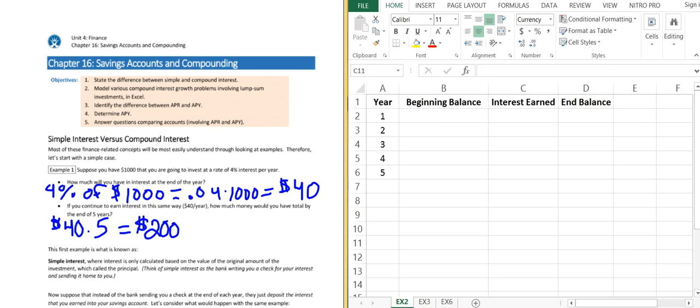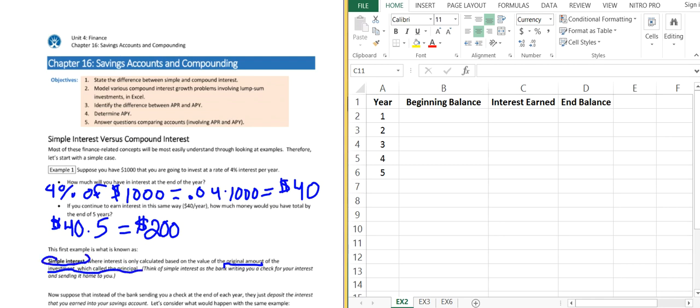So this is what is referred to again as simple interest. With simple interest, you are only earning interest on the original amount of the investment. You only make money on the original amount of the investment, which is also called the principal.